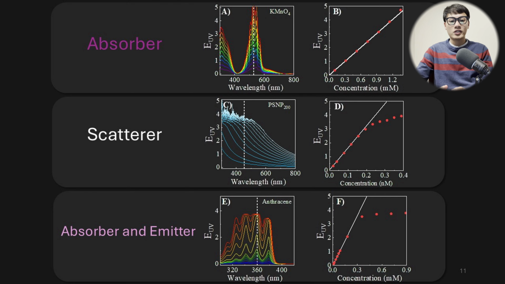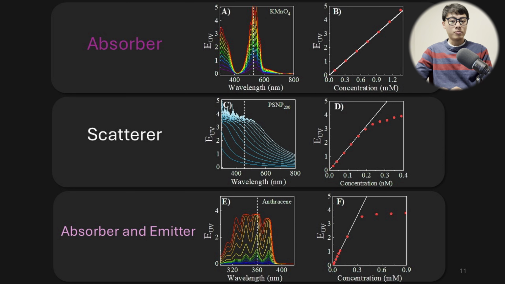There is also noticeable flattening and distortion at higher concentration. Figure E is for anthracene, a fluorescent dye. With increasing concentration, extinction increased initially, but the spectra eventually flattened due to self-absorption and fluorescence interference.